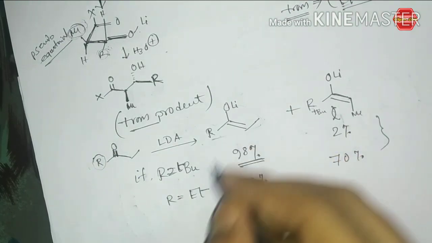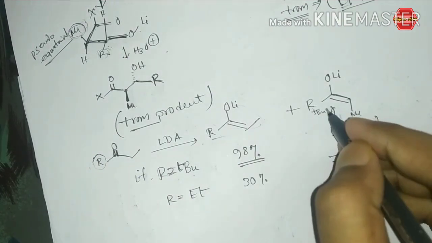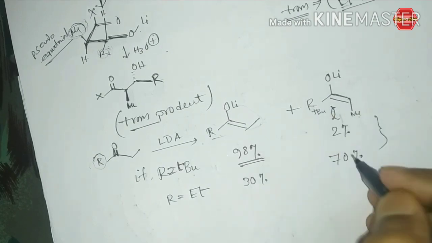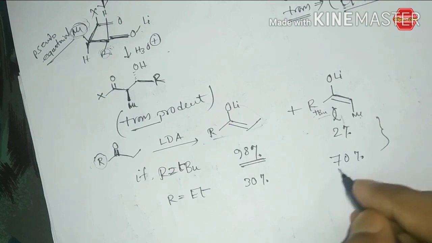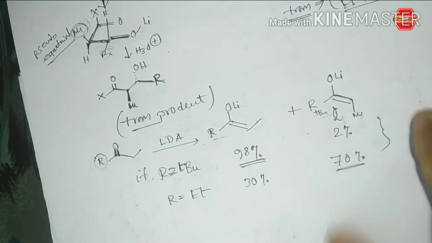If this is an ethyl group, the interaction between these two is very much less compared to the tertiary butyl group. So you can find this as 70%.